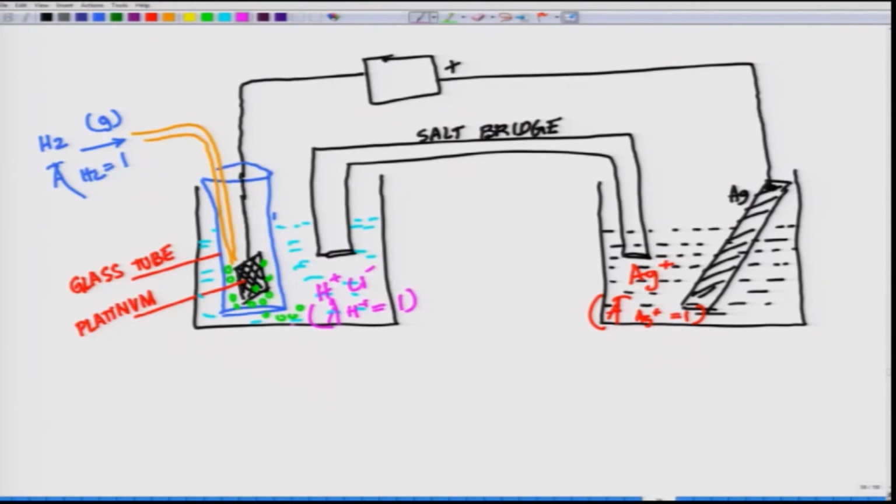Now, the left half cell is connected to the negative terminal of the potentiometer.